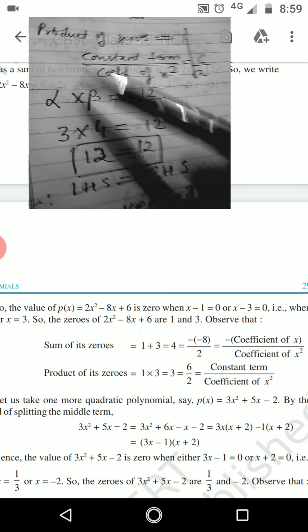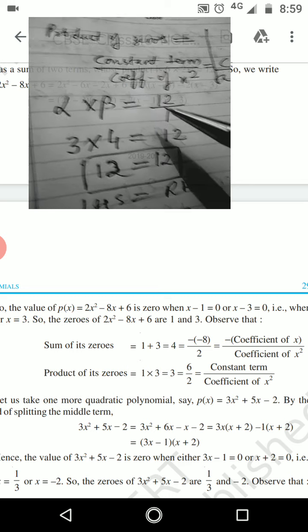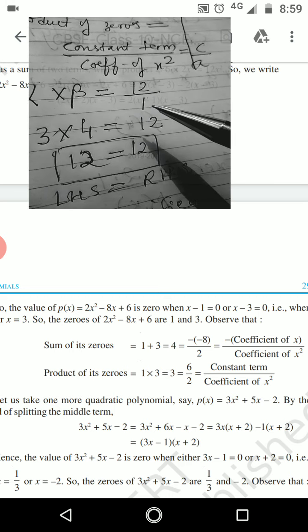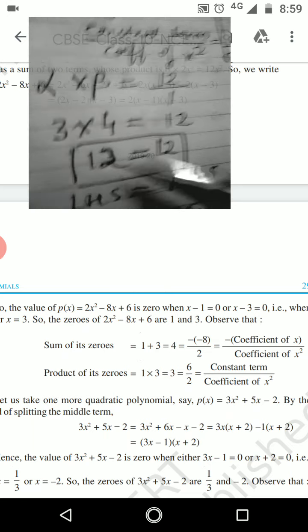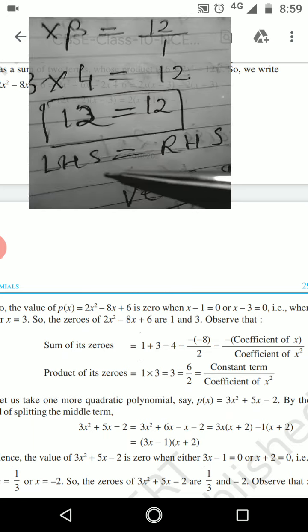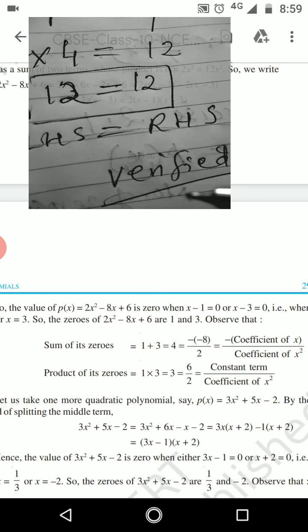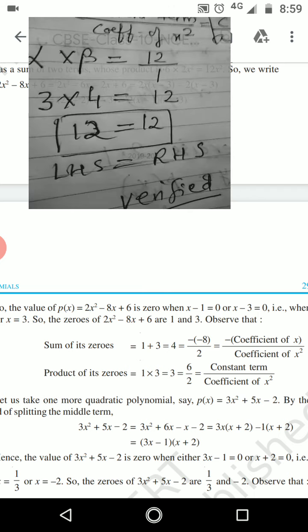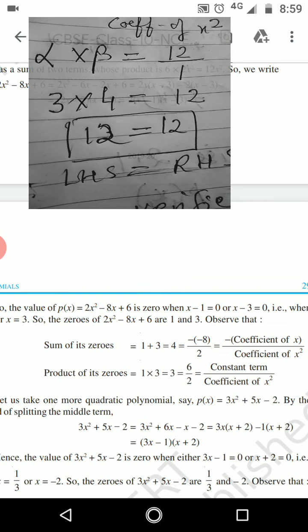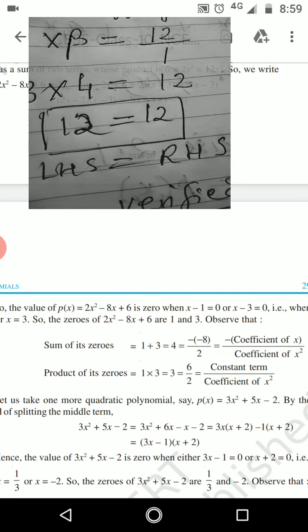So product means alpha into beta equal to c is 12 and a is 1. 3 into 4, alpha is 3, beta is 4. 12 equal to 12. Again we will get LHS equal to RHS. So this is the verification of the relationship between zeros and coefficients.